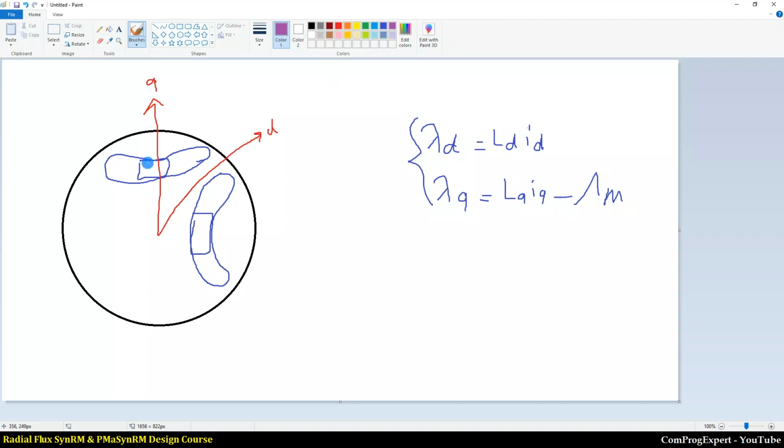This is the direction of the magnet flux, lambda_m in this direction, and here is lambda_m in this direction. So lambda_q is L_Q I_Q minus lambda_m, right? The direction of the flux is opposite to the direction of the q-axis.